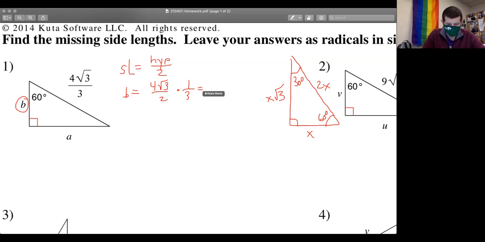And now this makes it pretty straightforward as far as it goes. So 4 times square root of 3 over 1 is going to be 4 square root of 3. And then 2 times 3 is 6. And I can actually simplify that, can't I? What could I simplify that to?